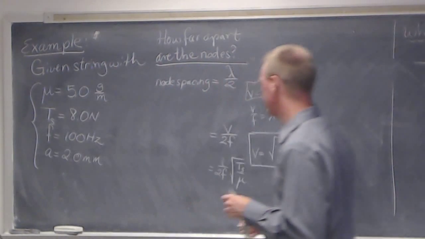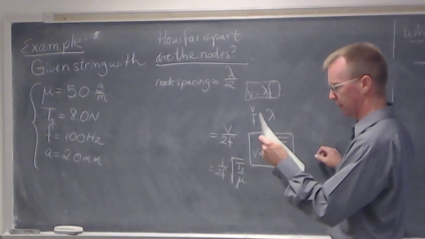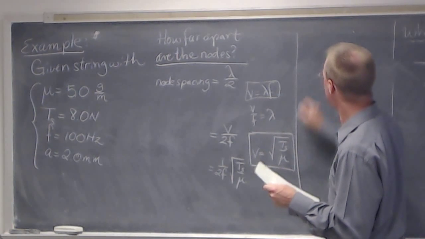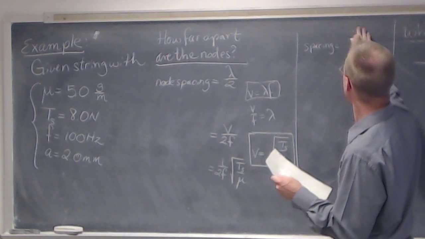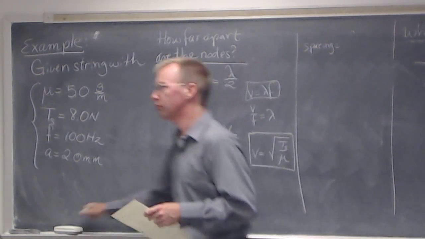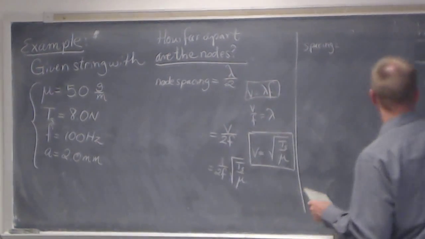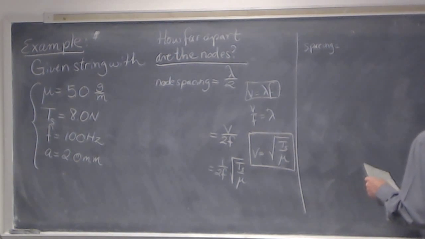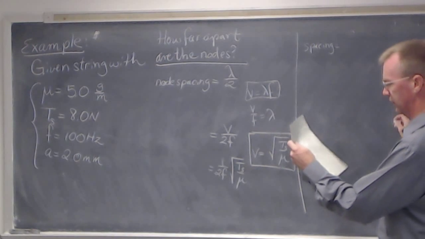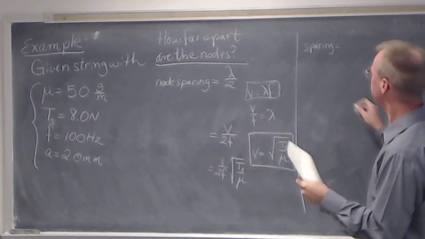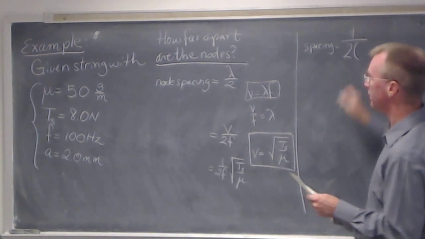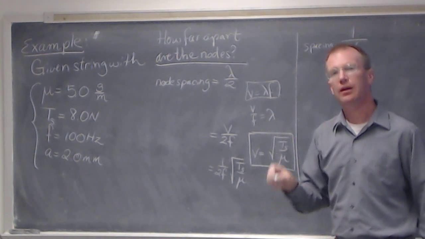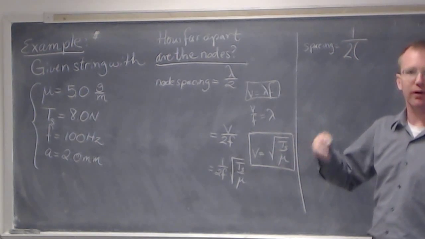Now I've got to substitute in numbers. A little short on room here. Okay. So I've got a frequency, let's see, 1 over 2 times the frequency. The frequency is 100 hertz. I want it in terms of meters, kilograms, seconds.